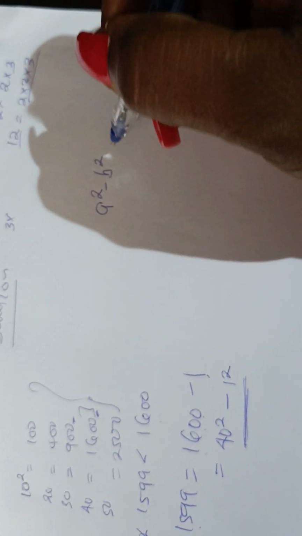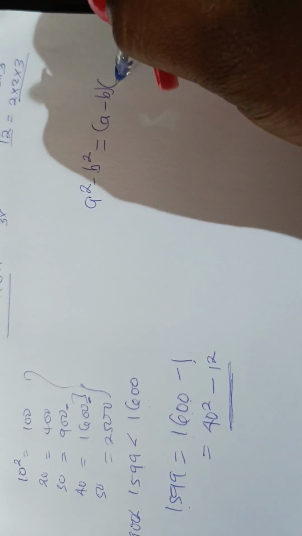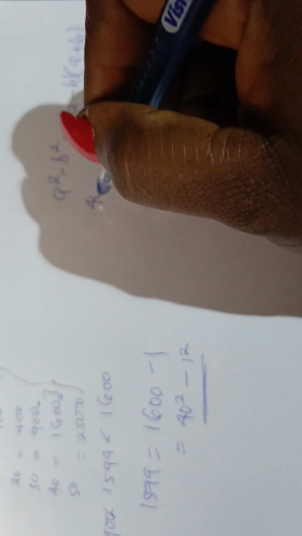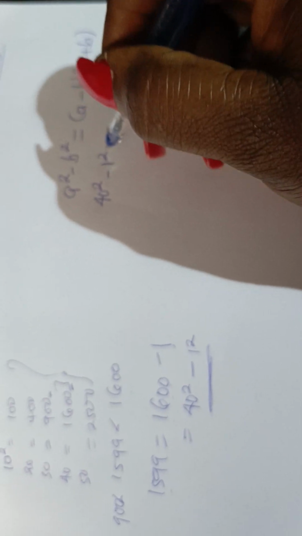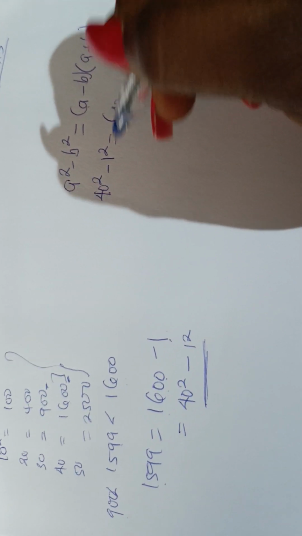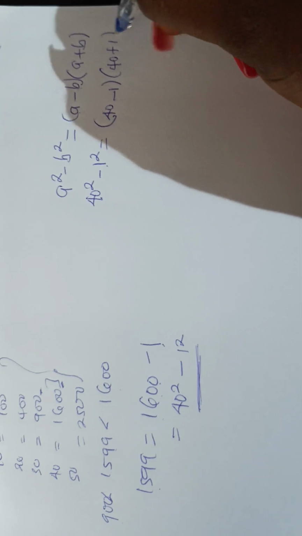This takes us to the idea of difference of squares. Now the rule says that if I have a squared minus b squared, this can be written as a minus b times a plus b. So if I have 40 squared minus 1 squared, 40 is the a, b is 1, so this is 40 minus 1 and 40 plus 1.